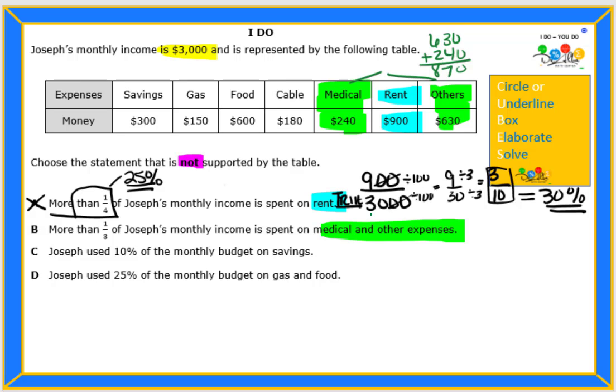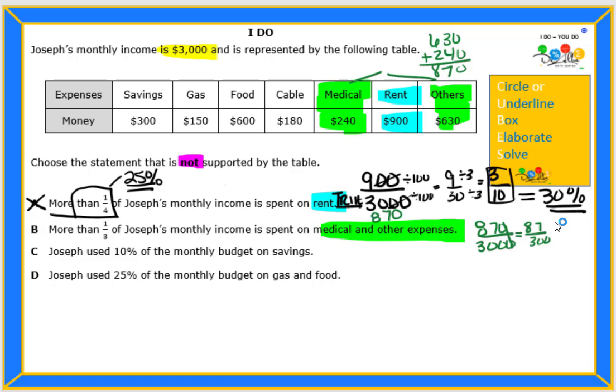So 870 is the part out of a total of 3,000. So the first thing I'm going to do is divide this by 10, and I will get 87 out of 300.